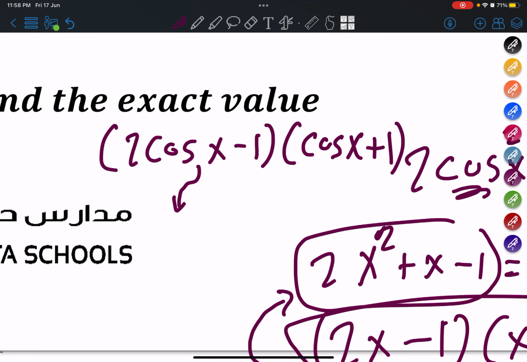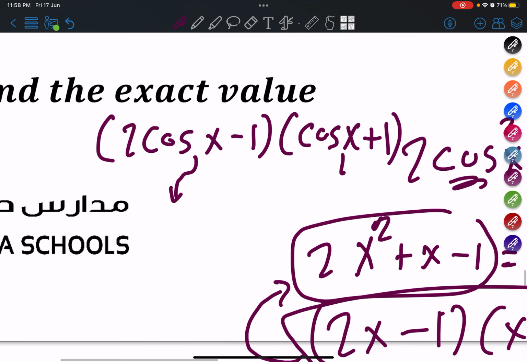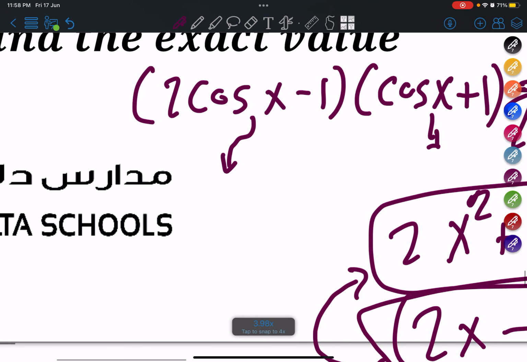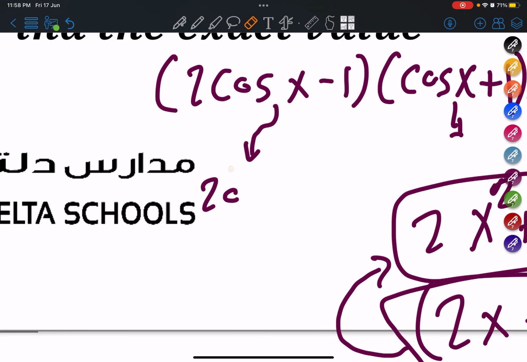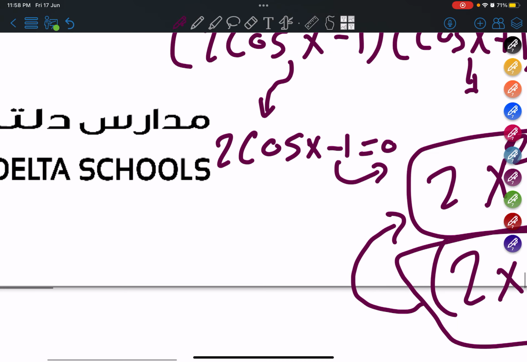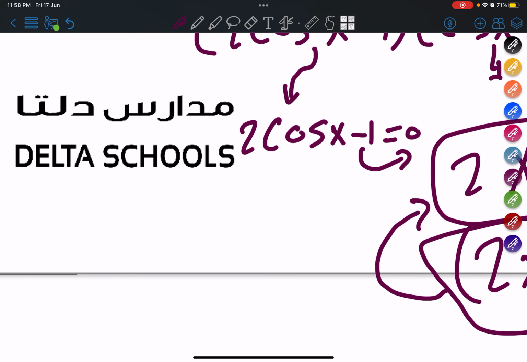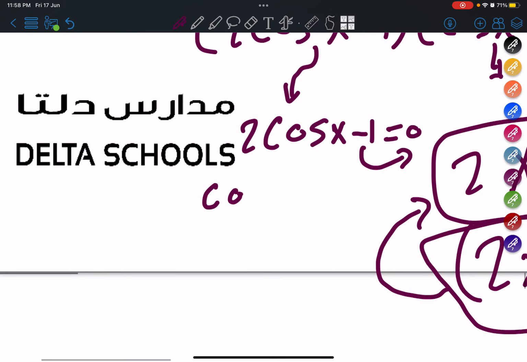So this should equal 0. One of them should equal 0. So 2 cosine x minus 1 is equal to 0. So we put negative 1 to the other side and then divide by 2. So it'll give us cosine x is equal to 1 over 2.